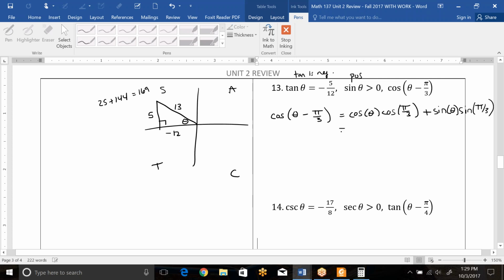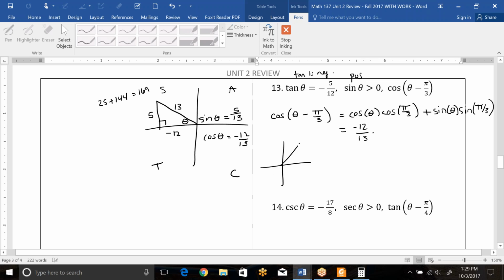Okay, now we also need to find our information over here. So cosine of theta is negative 12 over 13. That's the part we're missing, because we also need sine of theta. They gave us tangent, so sine of theta is 5 over 13. There we go. So cosine would be negative 12 over 13. This, remember, is just cosine of pi over 3.